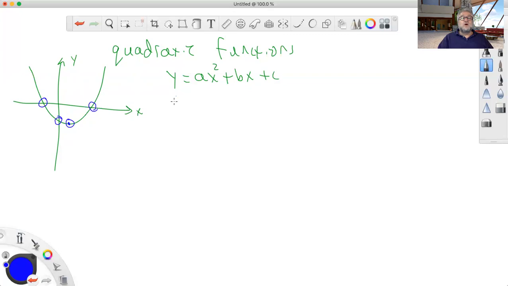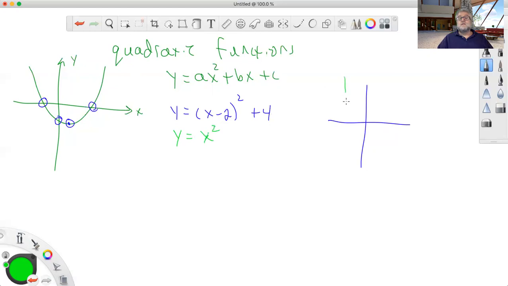And if you recall what we talked about before, let's say we have y equals x minus 2 squared plus 4. Our base function is y equals x squared.